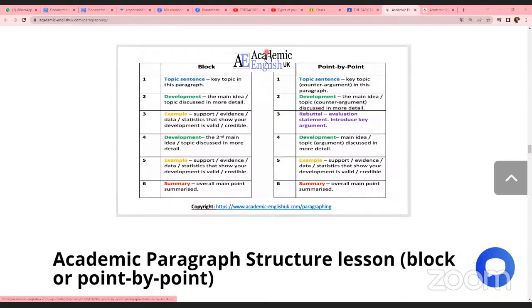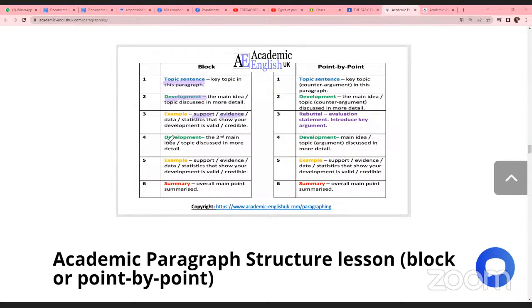Okay, so we have the block. The block is what we've learned a minute ago, right? In this case, we have the topic sentence in one paragraph. In the same paragraph, we have the development, the topic discussed in more detail. Then we have the example. In the example, you can also use the support, the evidence, data, statistics that show your development is valid or credible.